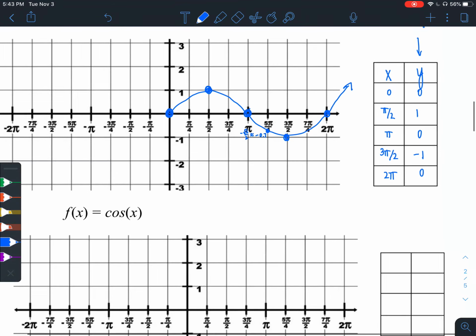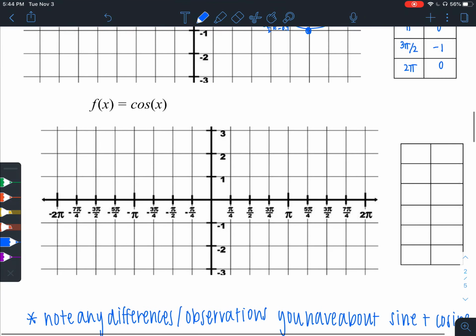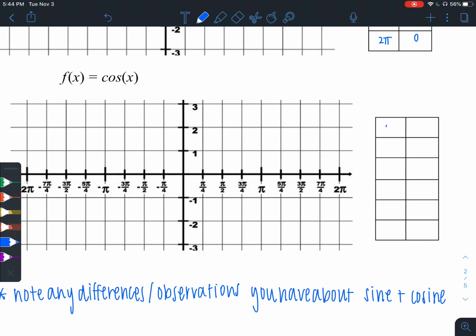All right, and then cosine, we already have that table from our first page. So we have x and y: 0, pi over 2, pi, 3 pi over 2, and 2 pi. The y values are 1, 0, negative 1, 0, 1.